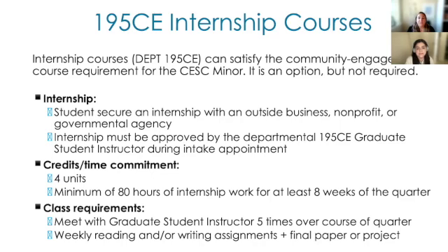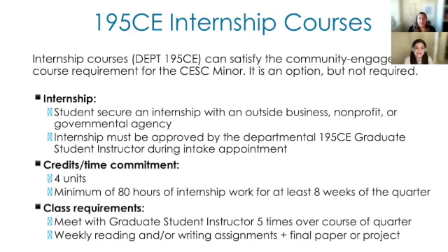All of our 195 CEs are 4 units. And so what that looks like is there's a minimum requirement of 80 hours of internship work that you're doing for at least 8 weeks of the quarter, on top of what I was mentioning, these bi-weekly GSI, grad student instructor, meetings, one-on-one, and then some reading and writing assignments, as well as a final project or paper at the end.